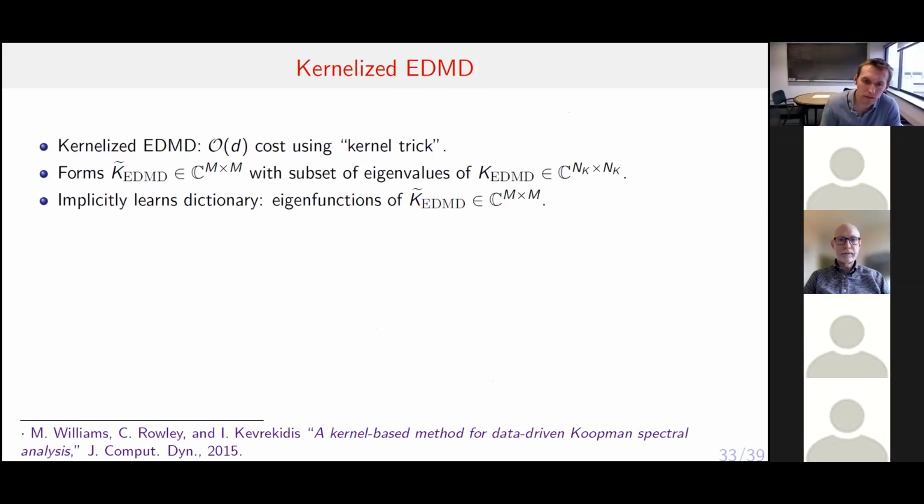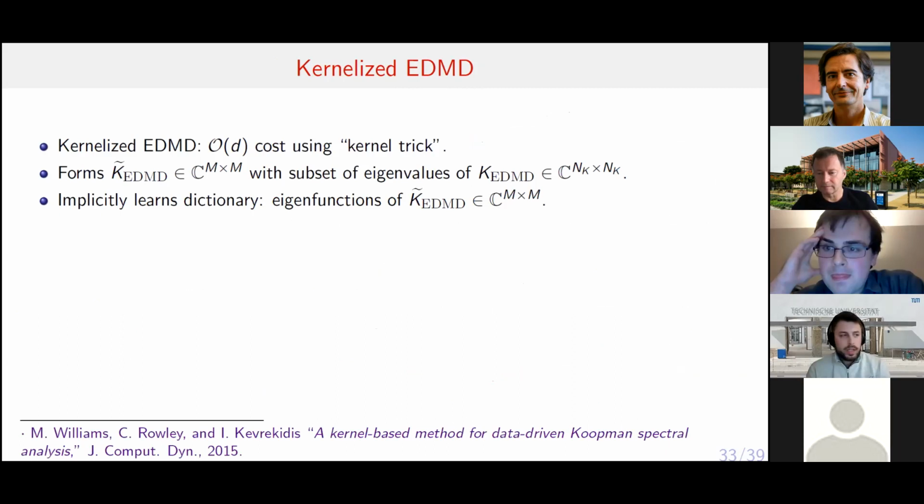I was wondering, you say you learn a dictionary. In what sense did you mean you learn a dictionary? For example, you could use some basis functions like RBFs. That's often used. So my question would be, how do you optimize the hyperparameters of the kernel function in your scenario? Very, very good question.